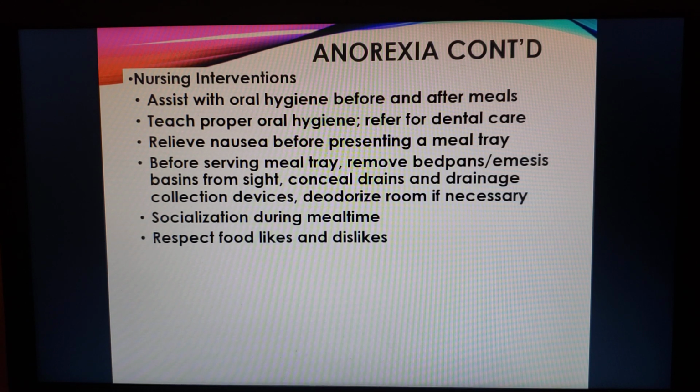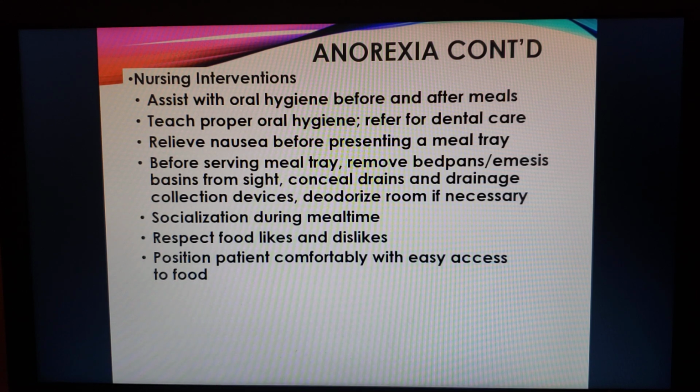Of course, make sure that they're following their diet order with any meals brought in. And it's important to understand their patient's likes and dislikes so that when they get their meal tray, if they're not eating it, we can call and get them another tray.